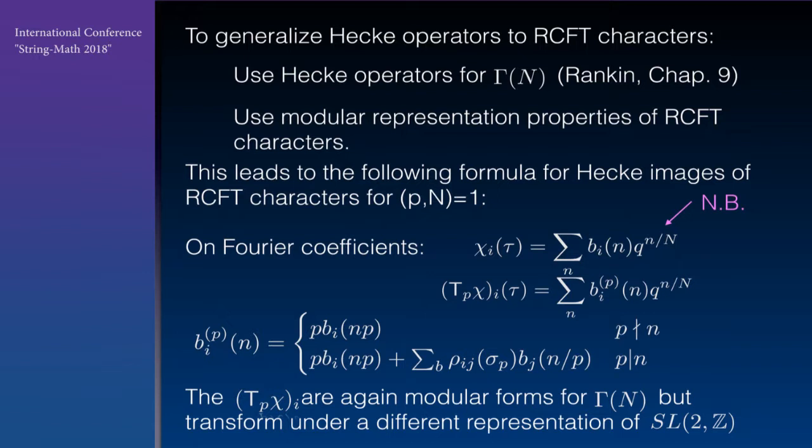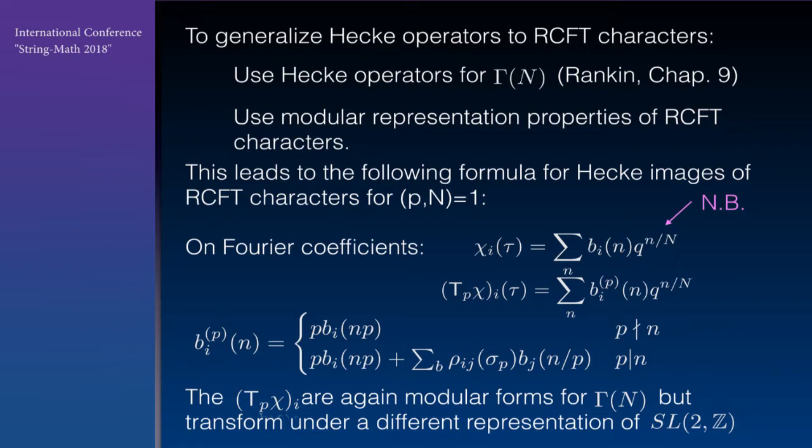But you also need to use the modular representation properties of rational conformal field theory characters. There's a slight twist to the whole business. And there's a slightly more advanced formalism involving double cosets, which is needed to formulate these Hecke operators, which I'm not going to explain. I'm just going to summarize by telling you how they act on the Q expansions.